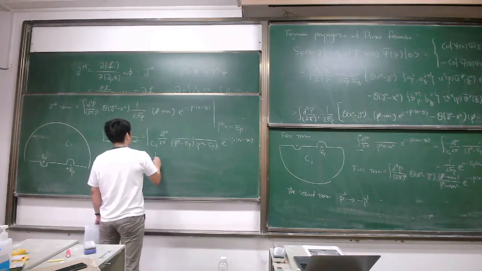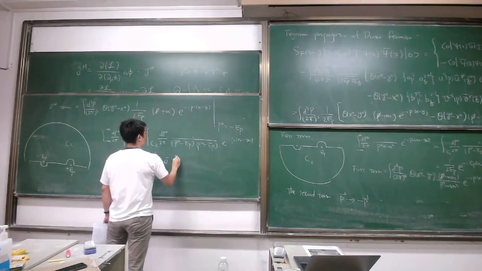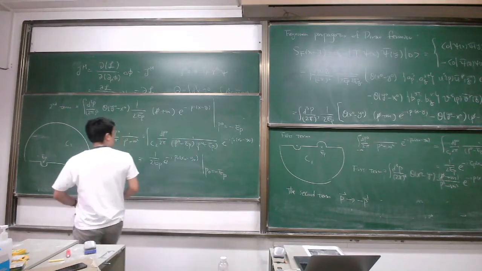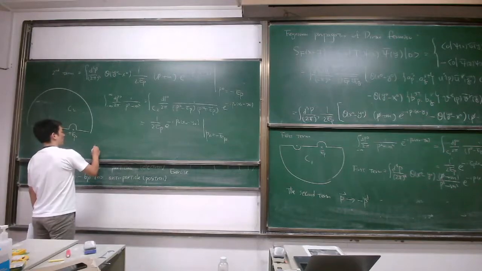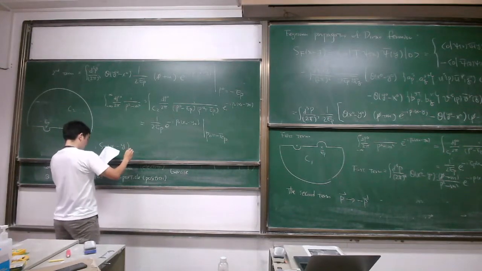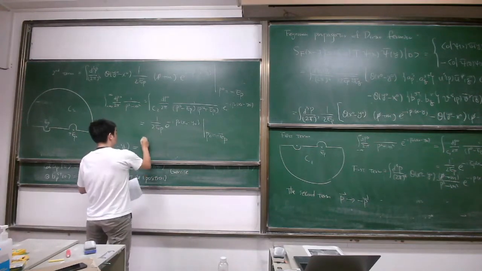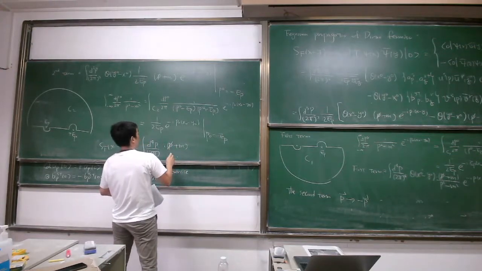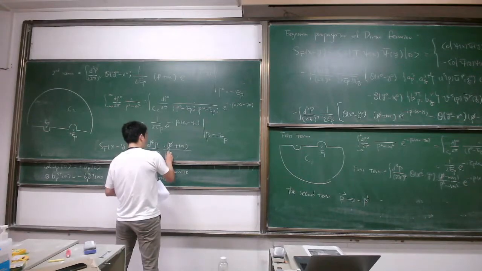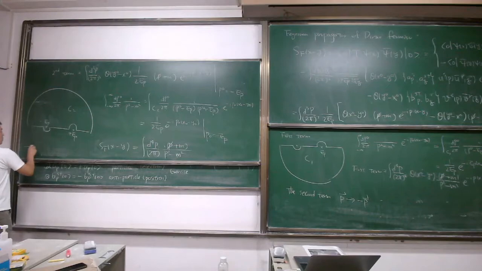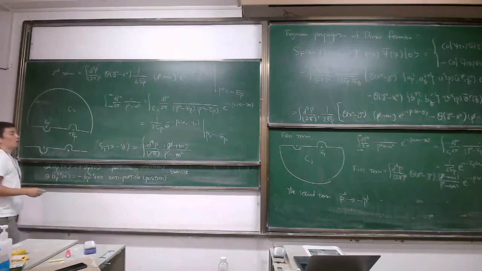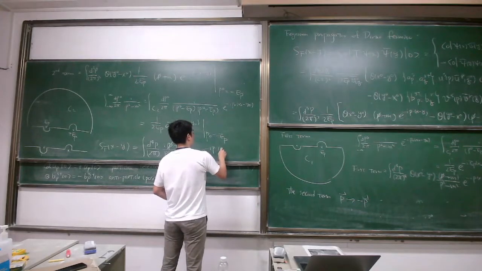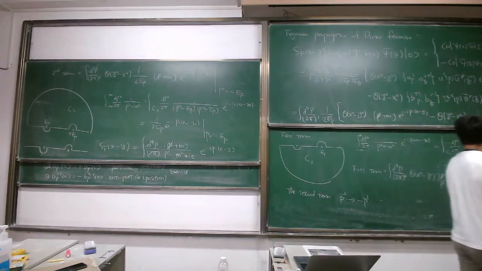And that will give you 1 over 2 E_p e to the minus i p0 (x0 minus y0), but with P0 equal to minus E_p. So combining them together, what you end up with is i times S_F(x minus y) equal to the integral d^4p over (2 pi)^4, (p-slash plus m) times i over (p squared minus m squared), and the contour is again the same as before, or you can just use the epsilon prescription to specify the pole, and e to the minus i p dot (x minus y). So that's the final propagator of the Dirac theory.